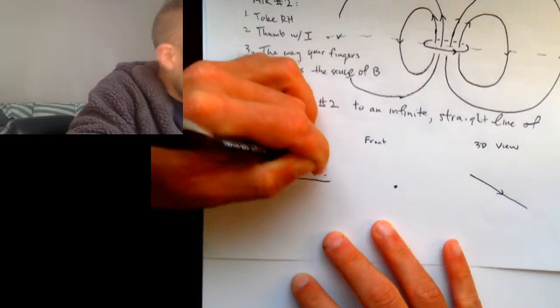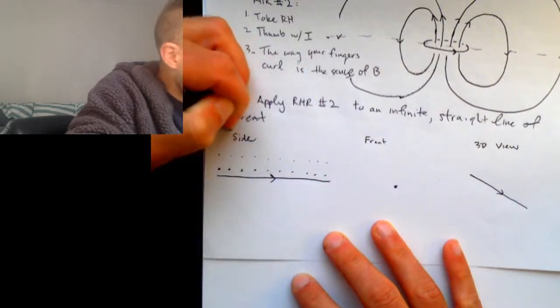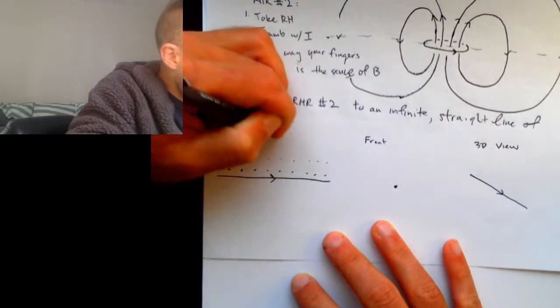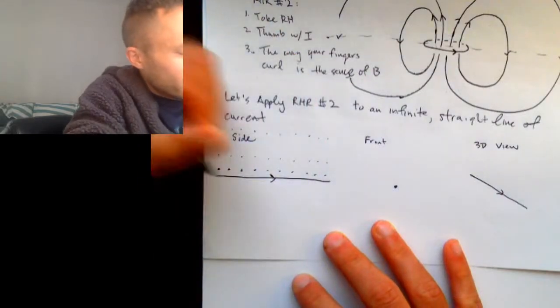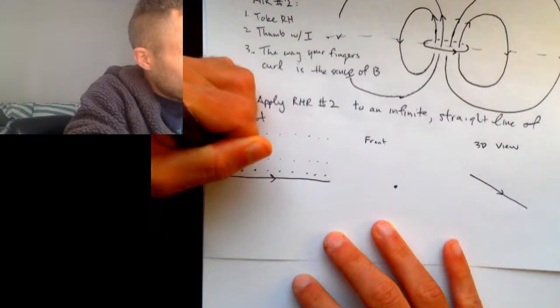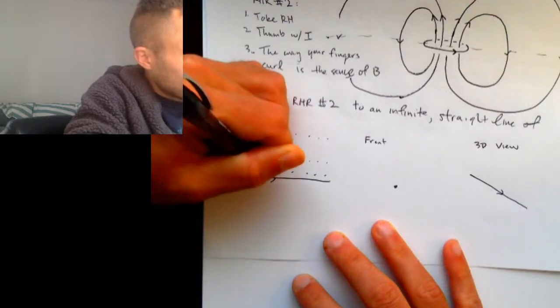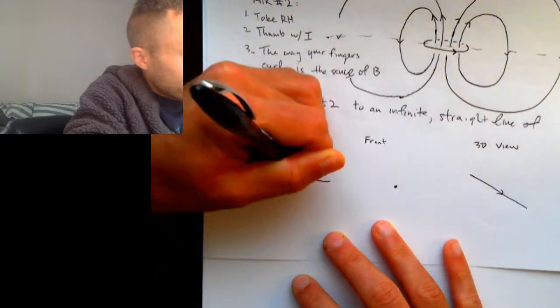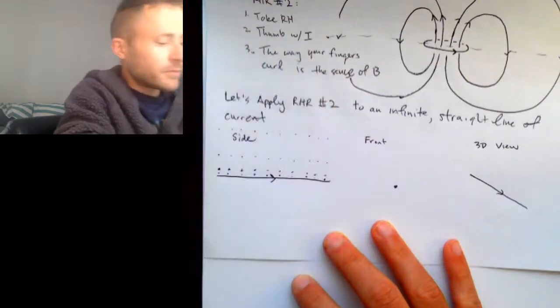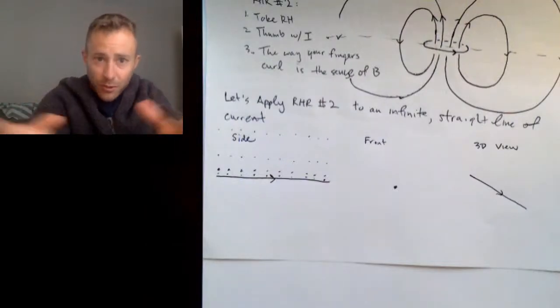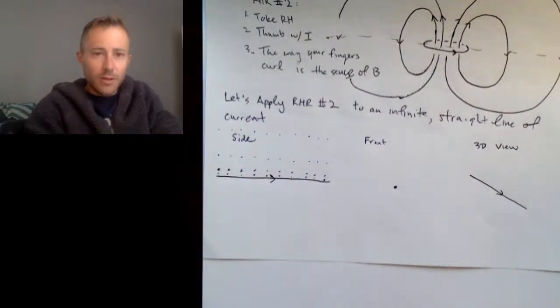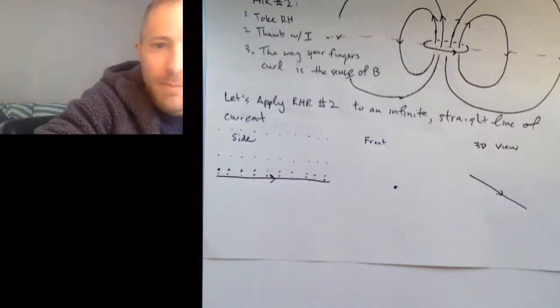So I'm representing that with dots. And actually, the closer you get to the wire, the more magnetic field lines there are, right? Because that's the way fields work. If you're close to the source of the field, then the field is stronger, okay?